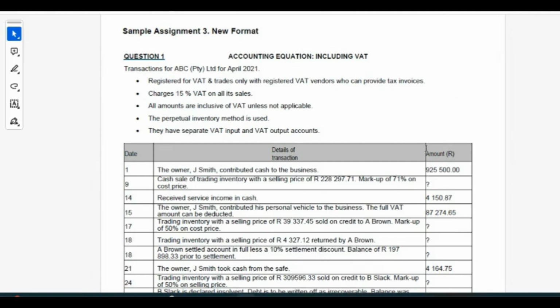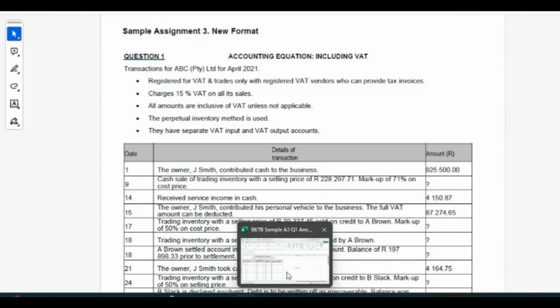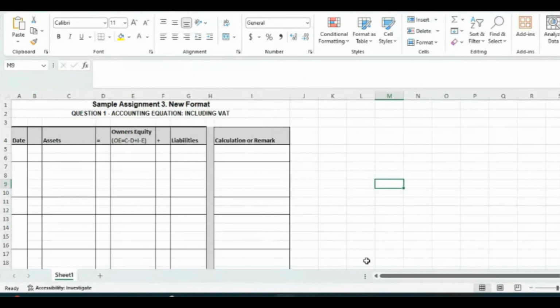Now, what I'm going to do is skip between the Word document and the Excel document that we have here. In the Excel document, just like you will have in your answer book, you have this little table that says date, assets equals owner's equity plus liabilities.